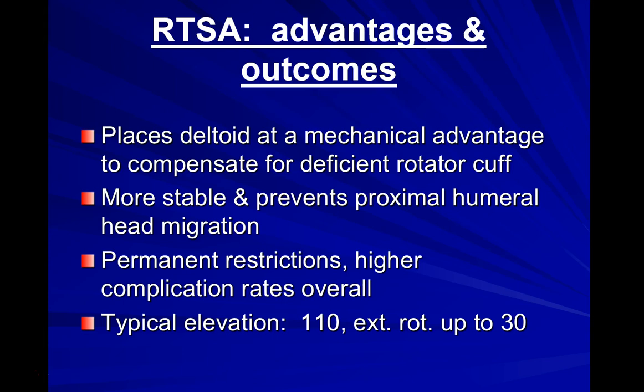Although that doesn't sound like that much, it's pretty functional for getting dressed, for putting your hand close to behind your head, behind your back, the rotation that's involved in everyday ADLs and that type of stuff. So it turns out pretty good, and probably the biggest thing is pain is decreased for these patients.